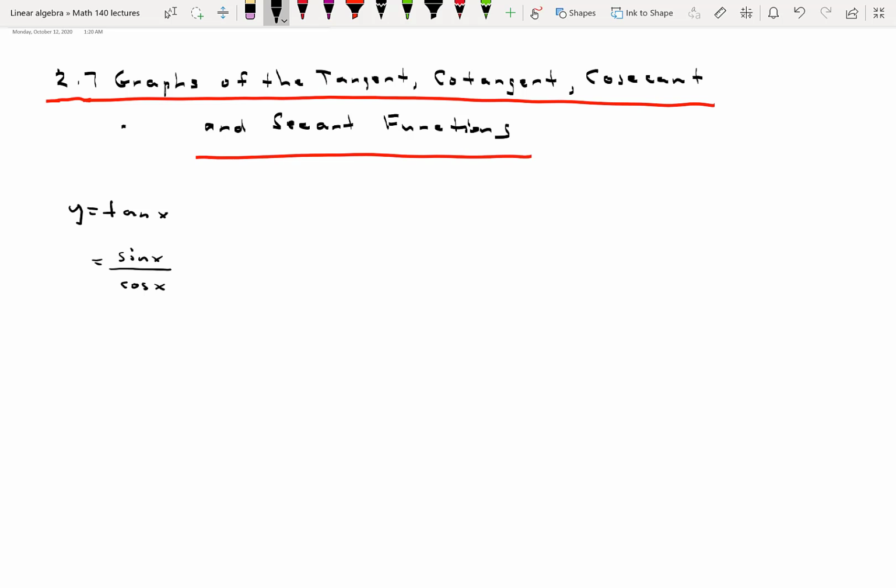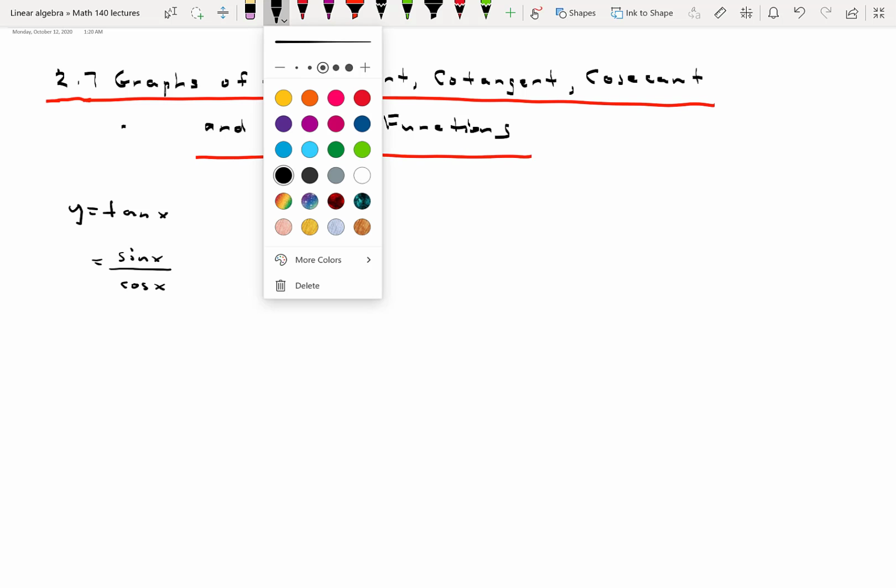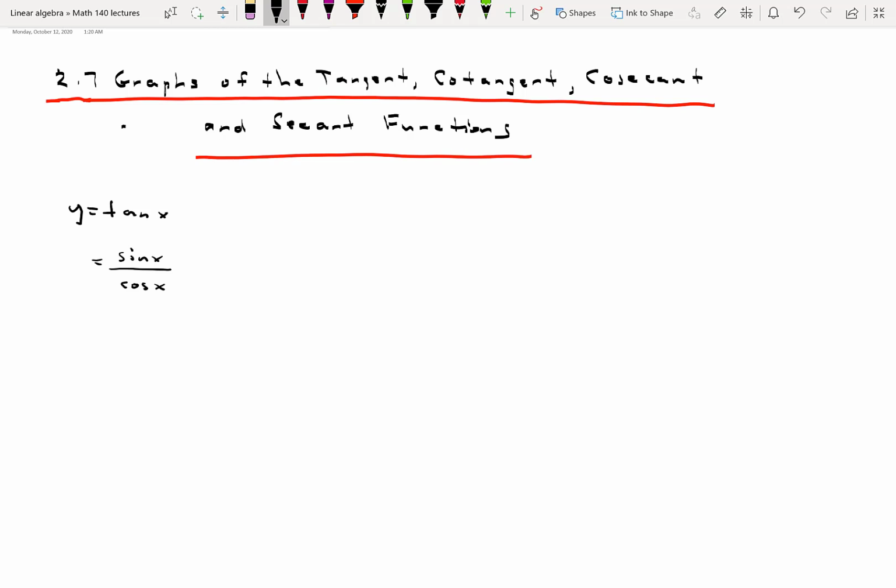So that's a problem in terms of getting a y value. Specifically, there is no y value on the tangent function wherever the cosine is 0. We cannot divide by 0. We simply can't divide by 0. So let's address that problem as we take a look at getting a nice image of the graph of the tangent function.